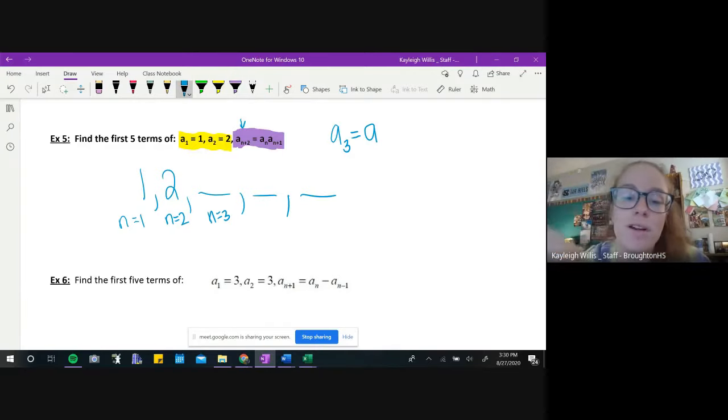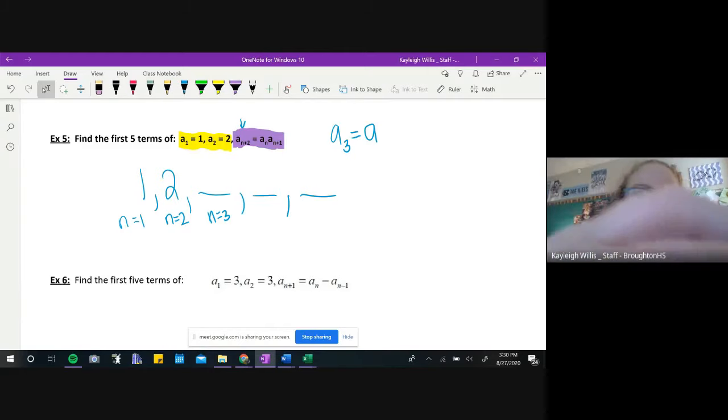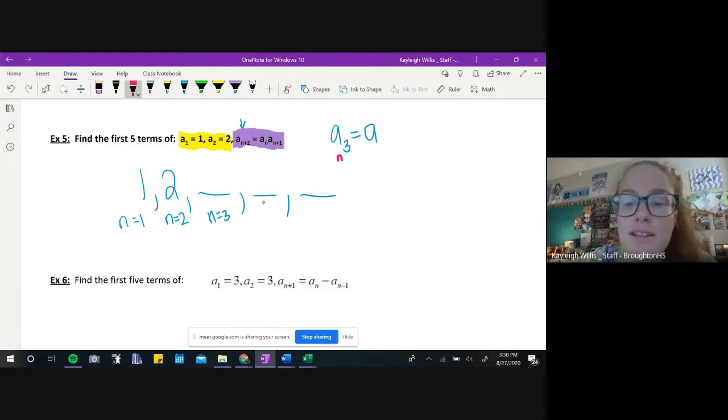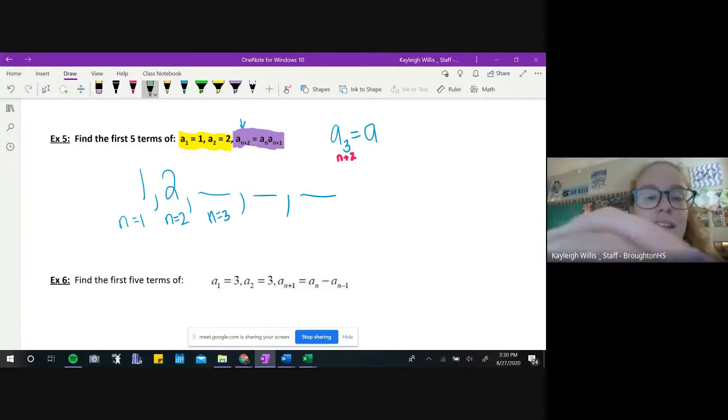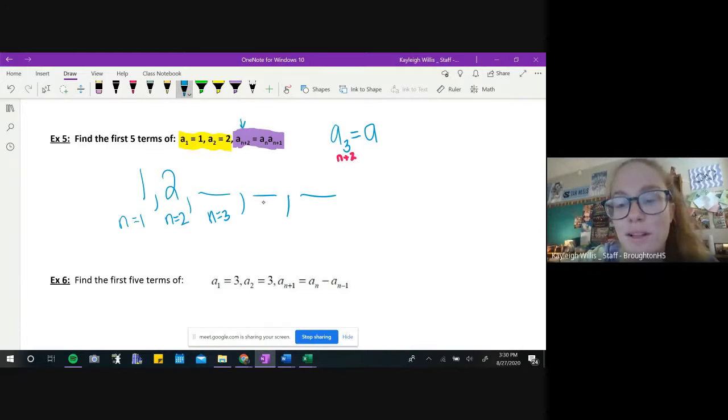Yeah, because 1 plus 2 is 3. So this is n plus 2. That's how I'm getting 3. So then that means n equals 1 really in the formula. So then this is a1 times a(n plus 1). So that's going to be a 2? 2 because n equals 1 in this right here.